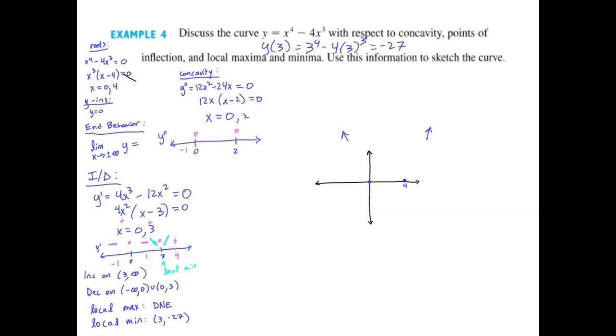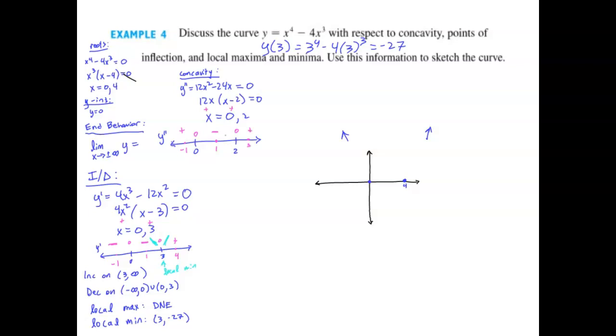If I plug that into my second derivative, I get negative times negative, which is positive. Plug in positive 1, I get positive times negative, which is negative. Let's plug in 3. I get positive times positive, which is positive.